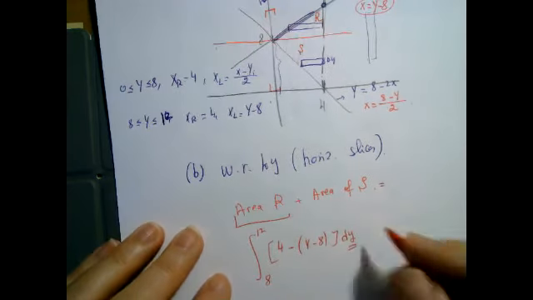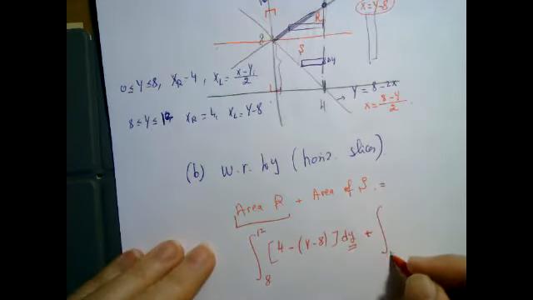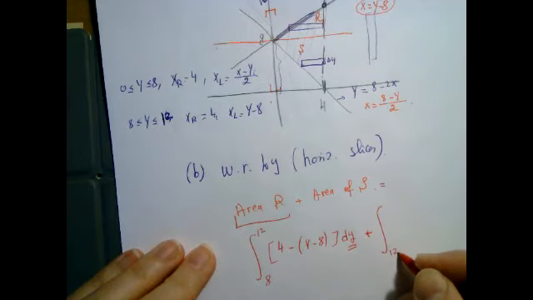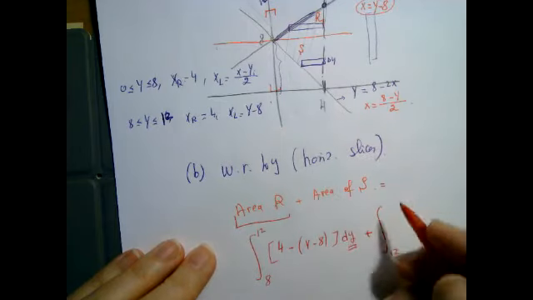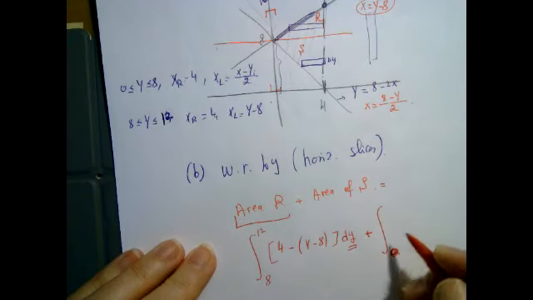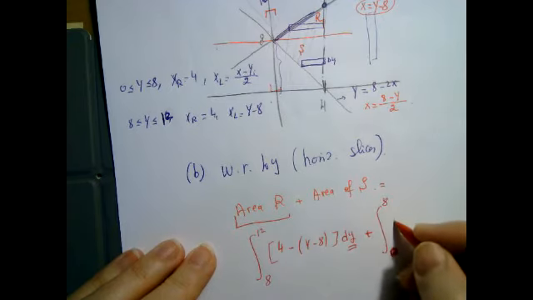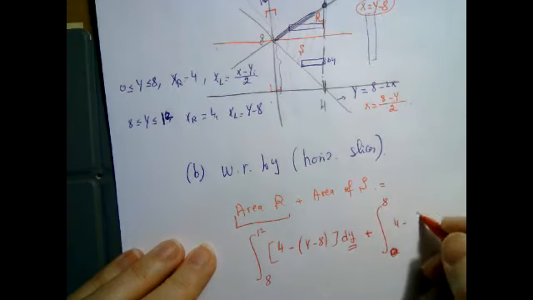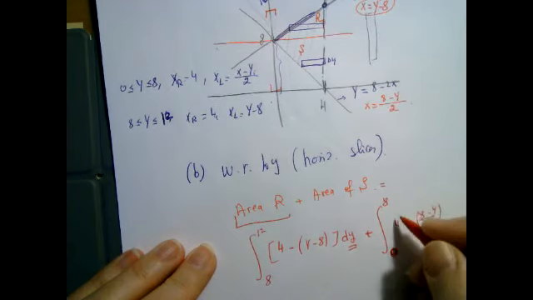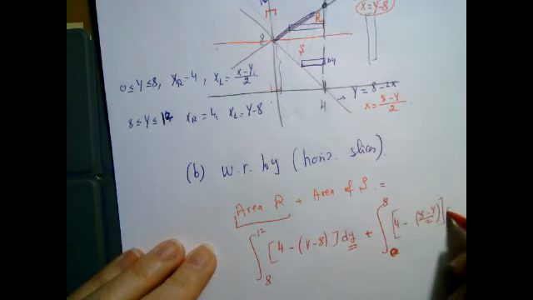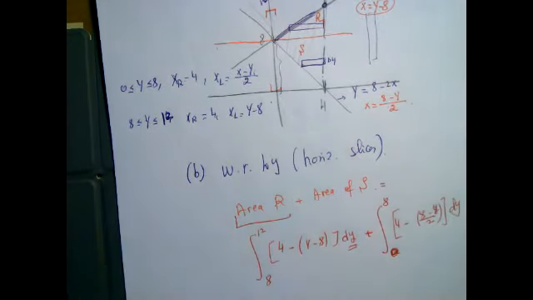So y is my variable. Plus the integral for S, from 0 all the way to 8, of 4 minus (8 minus y) over 2, the whole thing dy. And that is the setup of the problem.